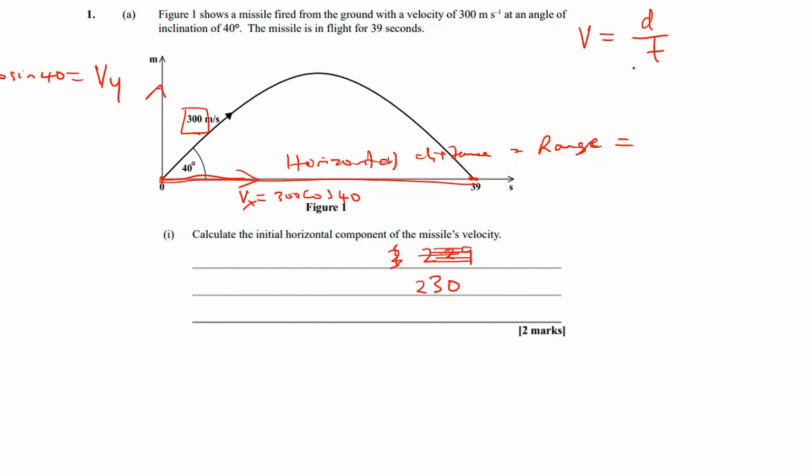That's the only equation you can apply in this case. Now the range would be the distance, so we can transpose and we get v times the time. They told us the time of flight, which is 39. I would just multiply that by the horizontal component, which is the 230, and that would give us the range. So how far do we get?